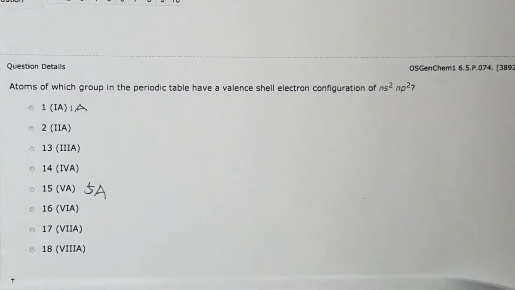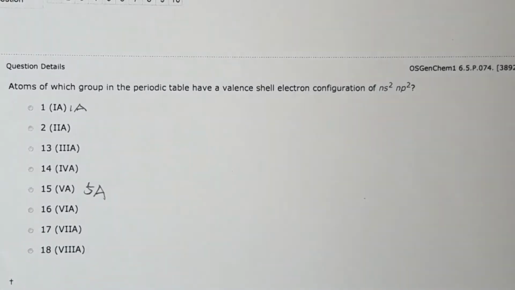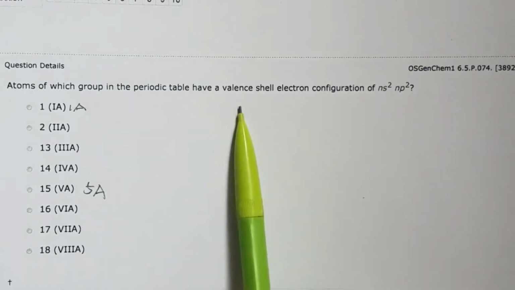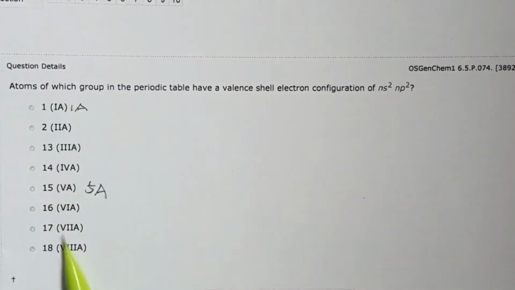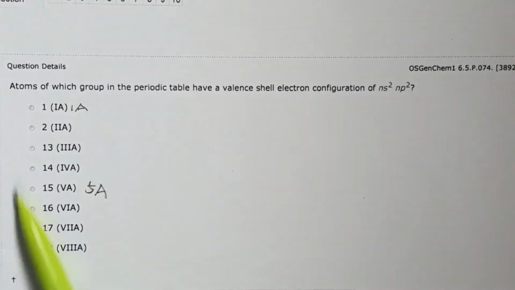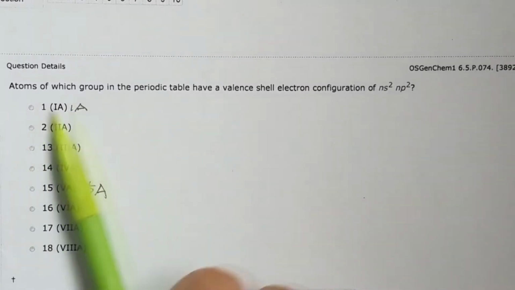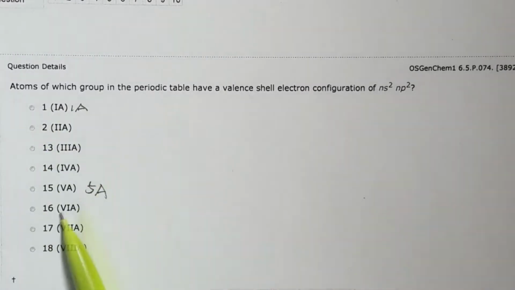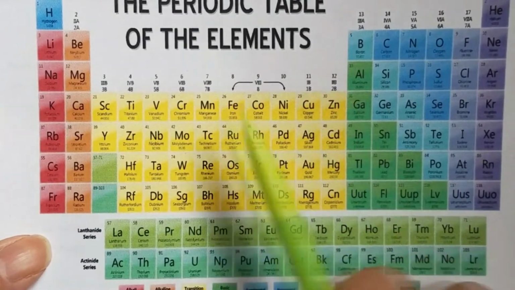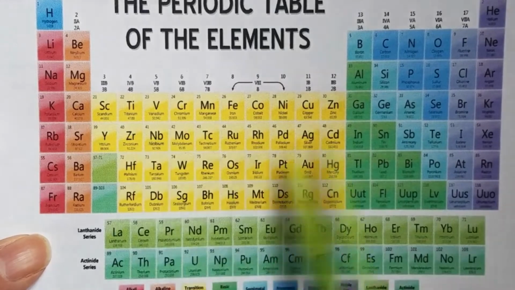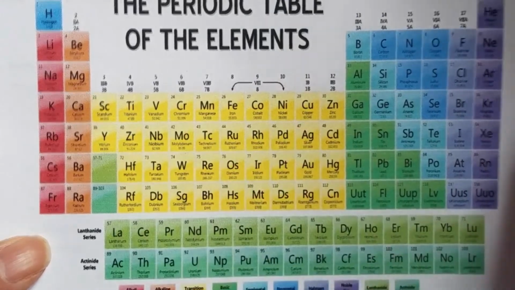Having said that, now let's go back to this question. We have a total of 8 groups here. That's just the 8 main group elements, so it does not include any of the transition blocks.